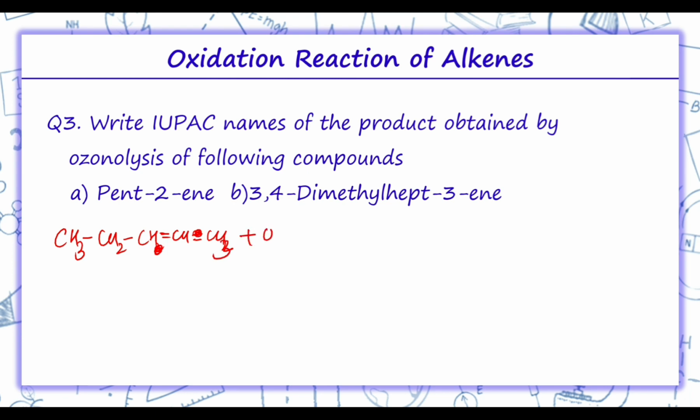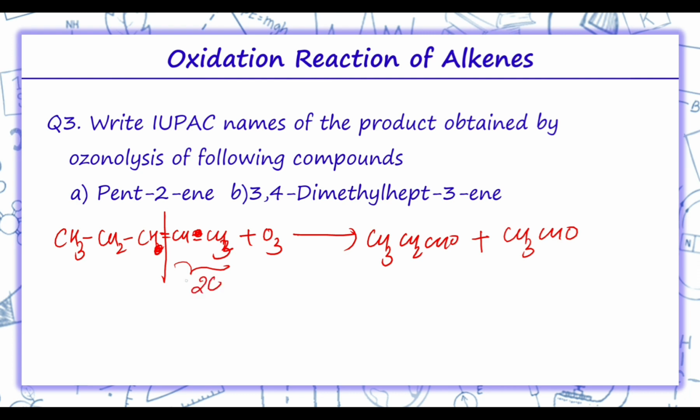On reductive ozonolysis, this bond will break and we'll get CH3CH2CHO plus CH3CHO, because here we have 2 carbons and on this side we have 3 carbons. So O and O, on reductive ozonolysis followed by zinc with water.